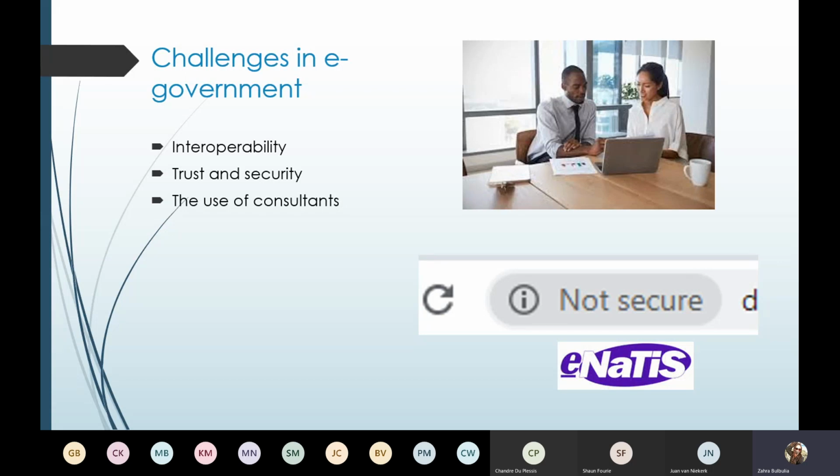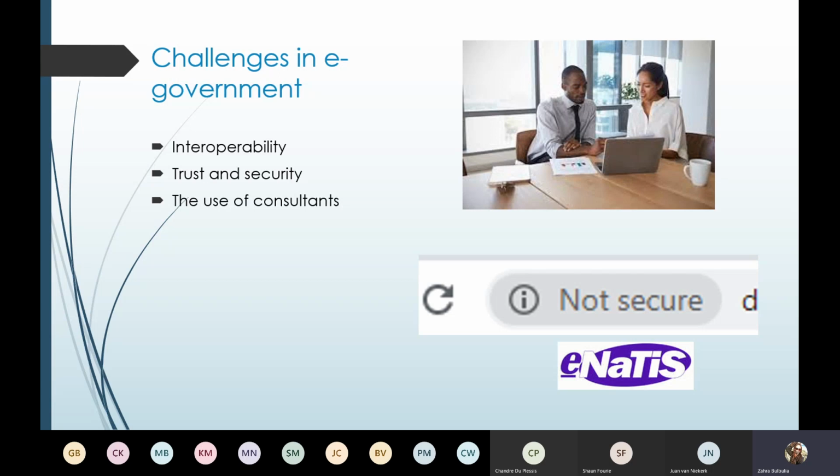We've also got the use of consultants. More often than not, rather than using people within a business, people use consultants because they have specialized skills. A lot of people would say the disadvantage of having a consultant is that your current staff don't have the knowledge and you are not upskilling them to have that specific knowledge.